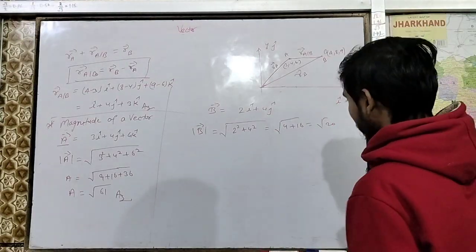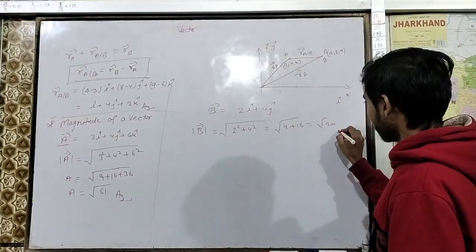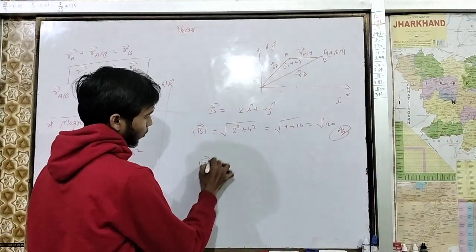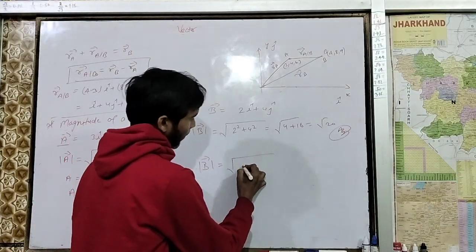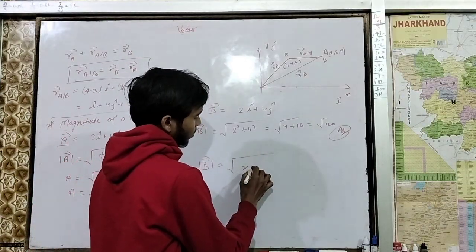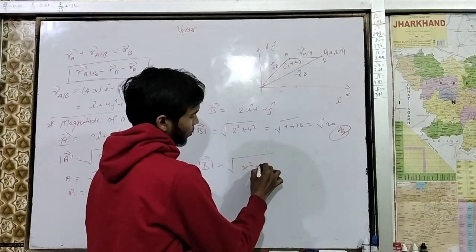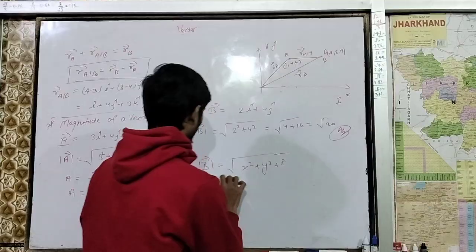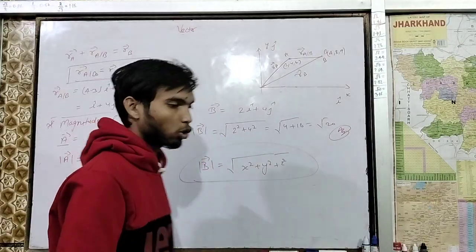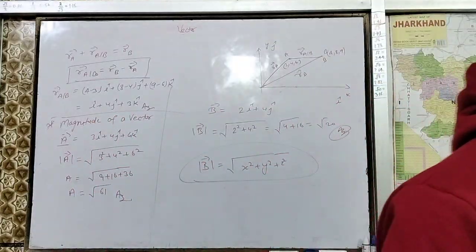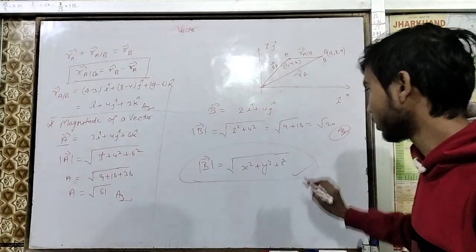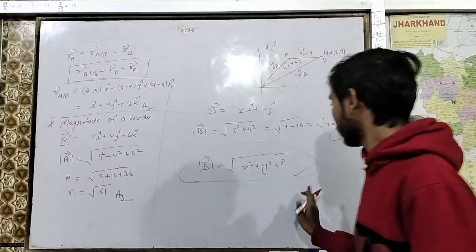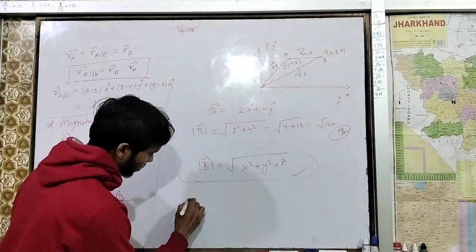You will use this formula, square root of x squared plus y squared plus z squared, when the coordinates, the location of a vector, are given.